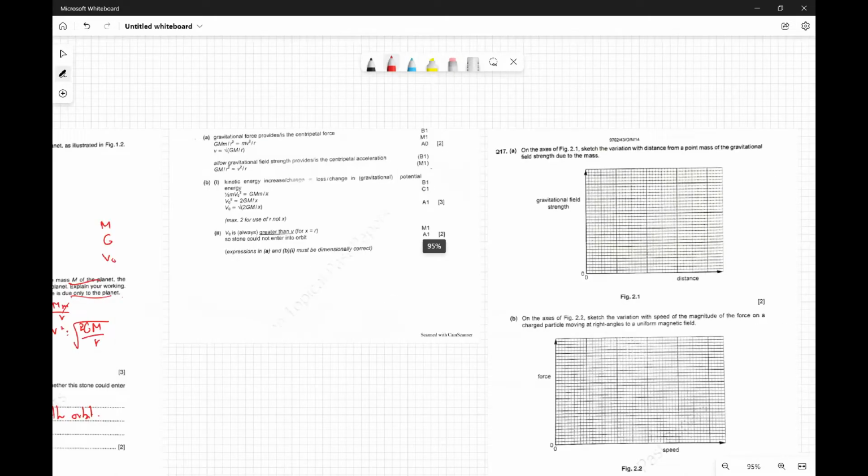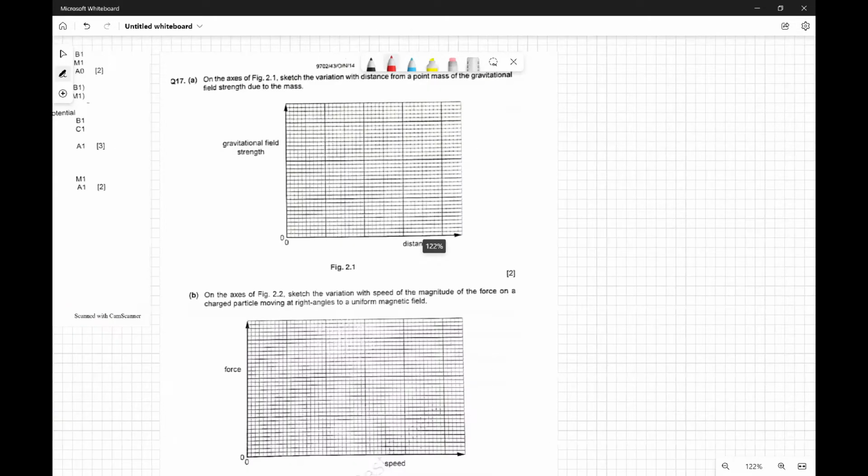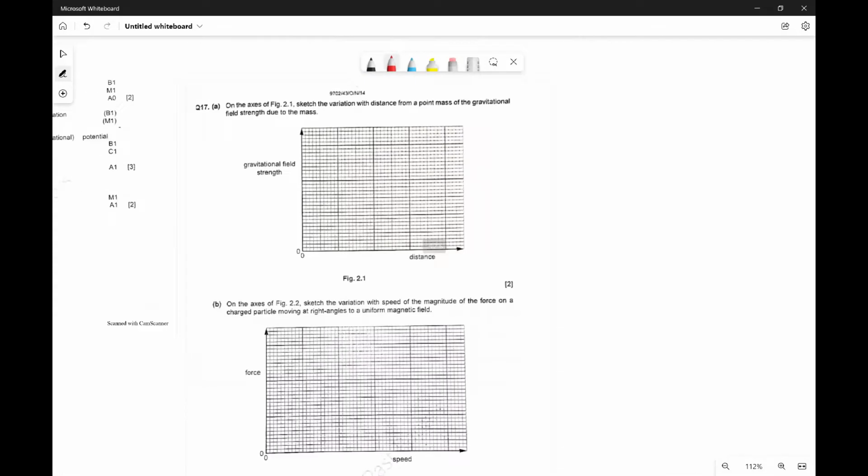Now look at this graphical question. I want you to read this question, both of these graphs, and then I'll explain. Okay?